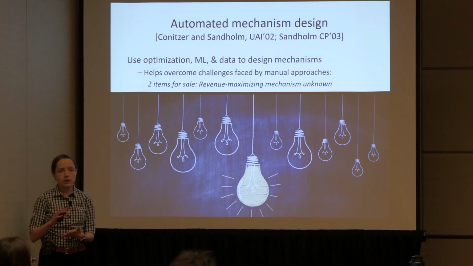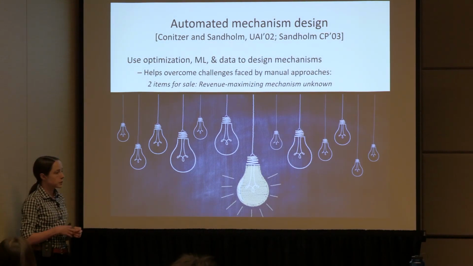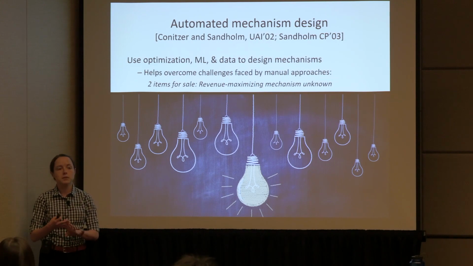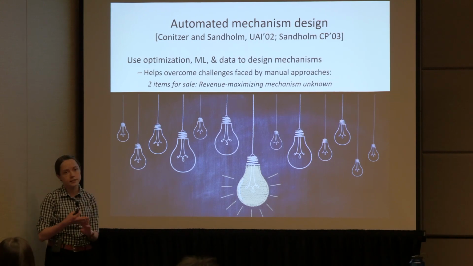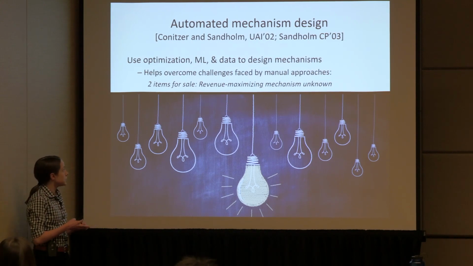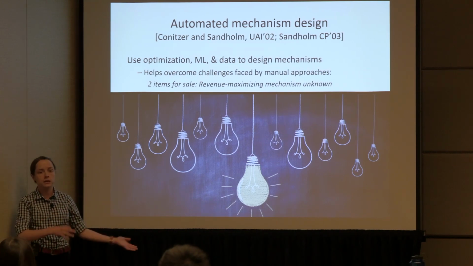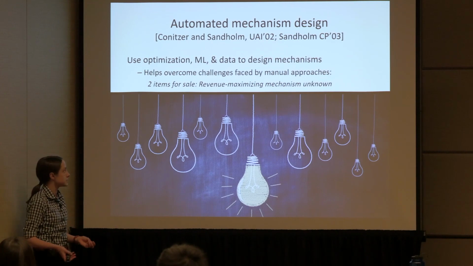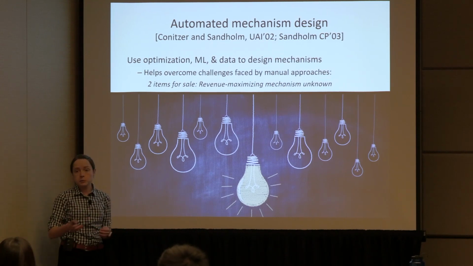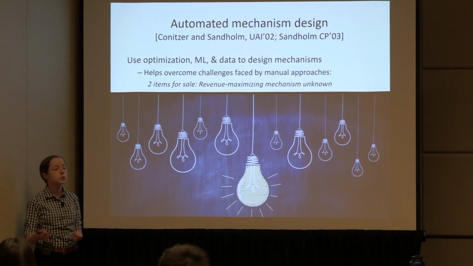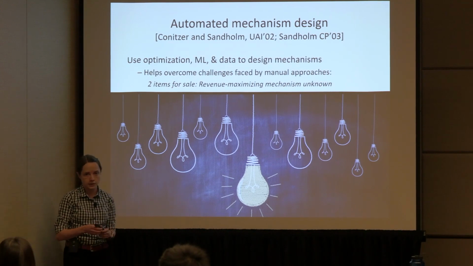This tutorial is about automated mechanism design, where the goal is to use optimization, machine learning, and data to design mechanisms. Hopefully this should help overcome challenges that have been faced by manual approaches to mechanism design. Amazingly, we still don't even know how to sell 2 items in a revenue maximizing way.